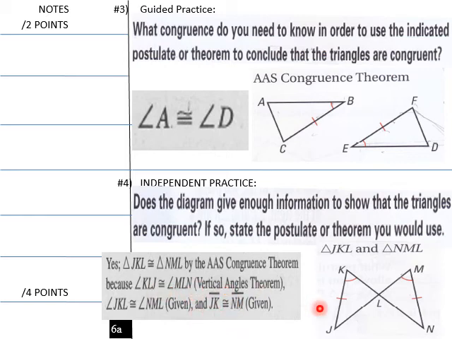So we need to know the vertical angles would be given as well, and they're not. So state the postulate or theorem you could use, which would be angle angle side, AAS.